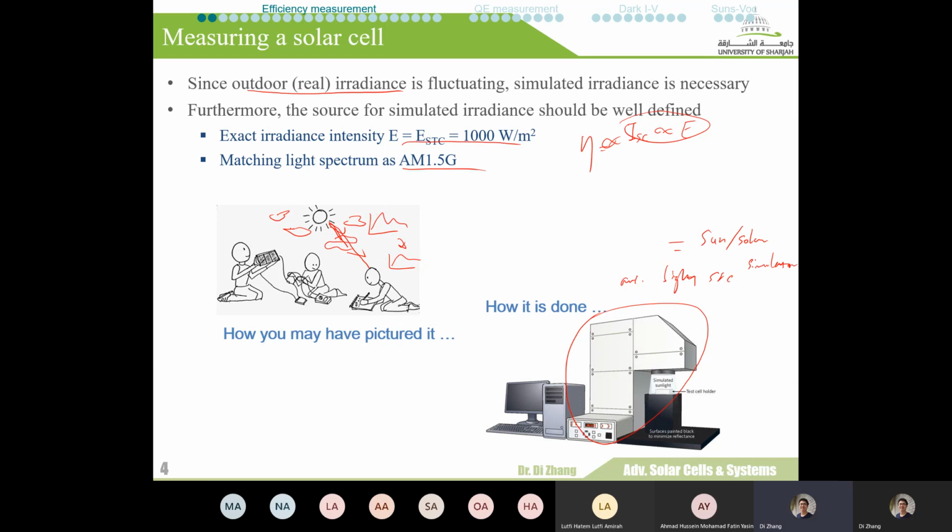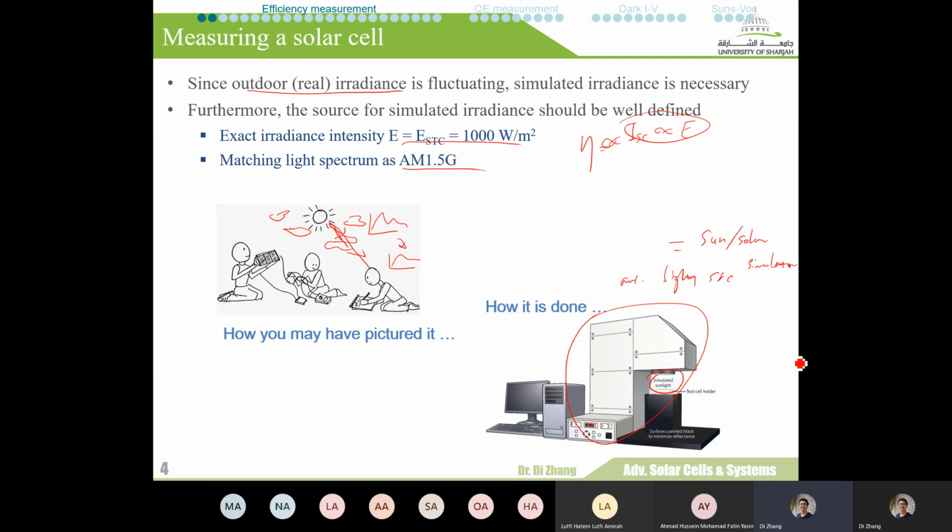With this solar simulator, we can artificially produce a simulated sunlight that would be a much better fit to the STC conditions compared to the outdoor sunlight.